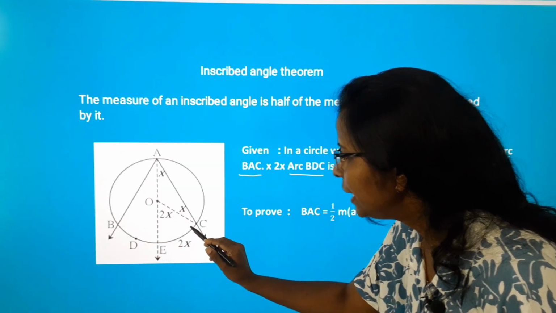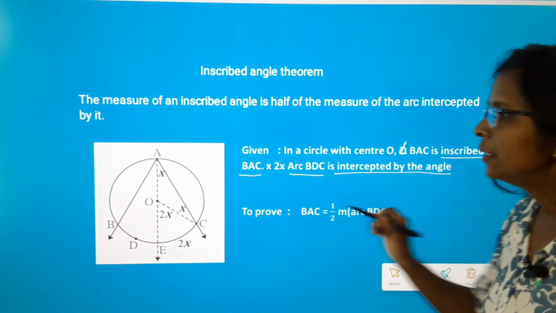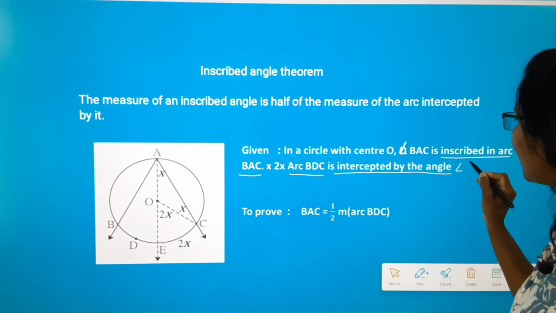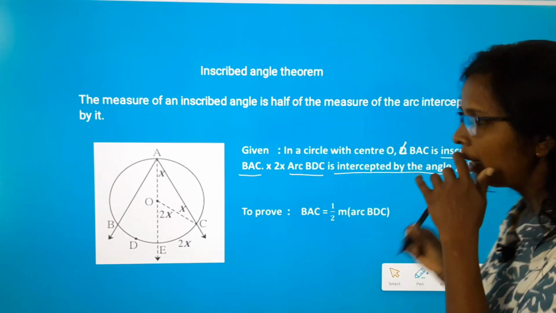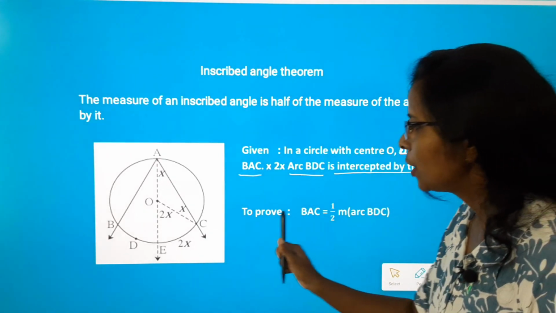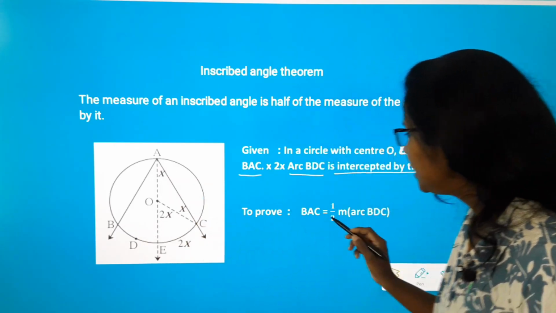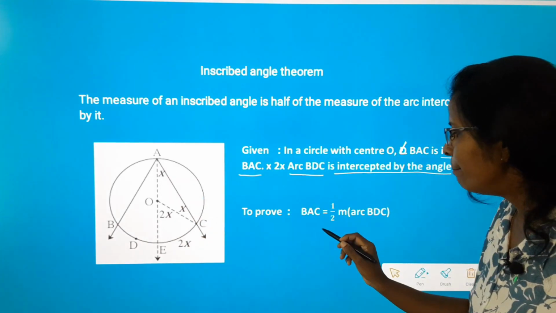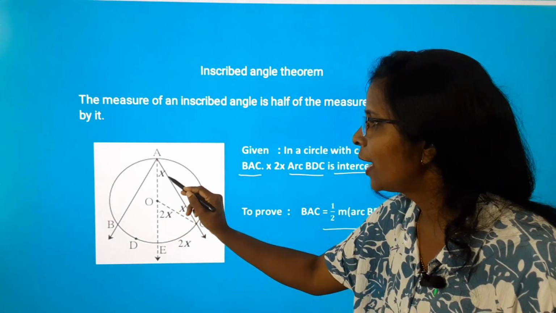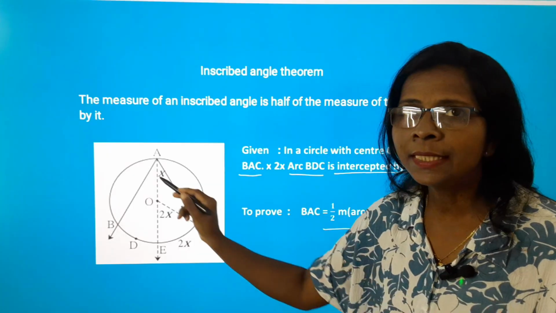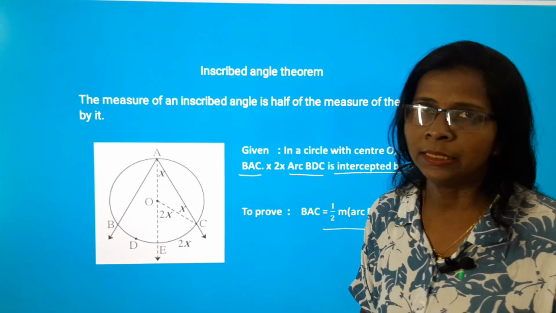This is the arc BDC, and this arc is intercepted by the angle BAC. Now we have to prove that angle BAC is equal to half of major arc BDC. The measure of this angle BAC is equal to half of this arc BDC.